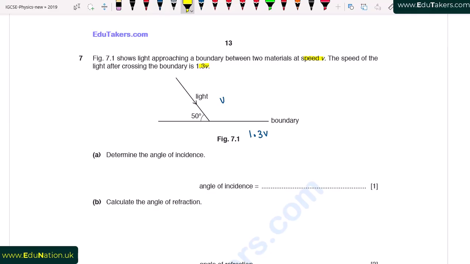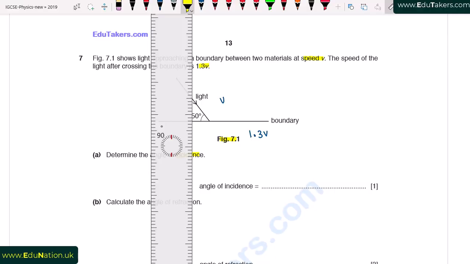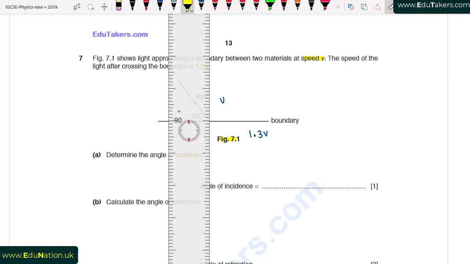Part A. Determine the angle of incidence. Here we have to find out the angle of incidence. We can see in figure 7.1 that the ray of light strikes the boundary at angle 50. So first of all we draw the normal ray at that point, and then we can find out the angle of incidence. Any ray that is at angle 90 to this is the normal ray.